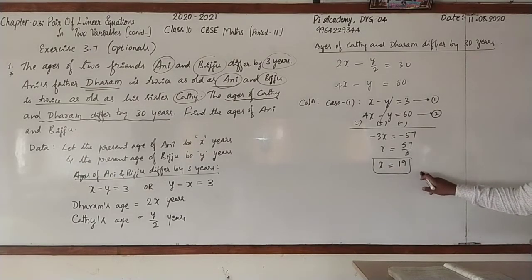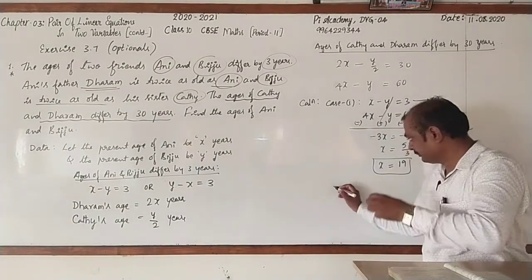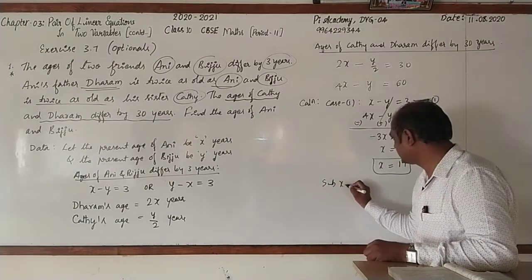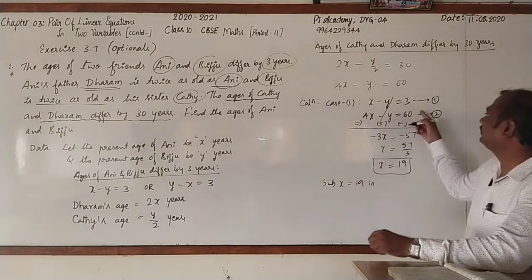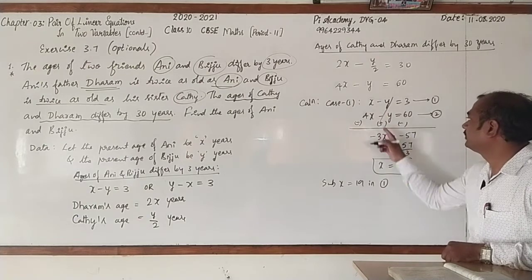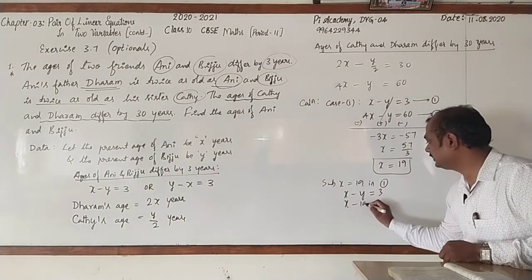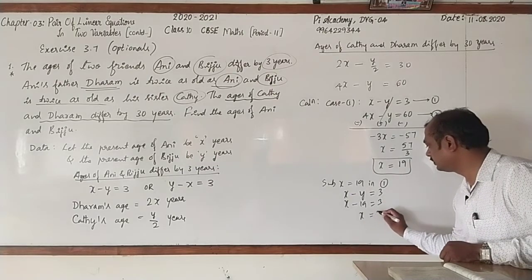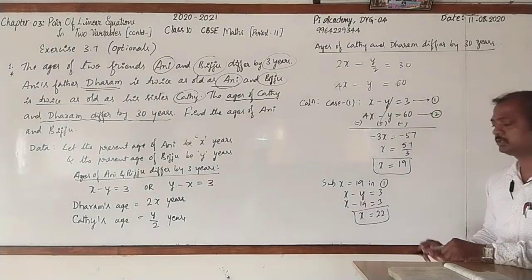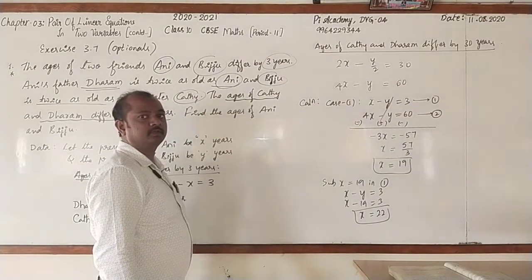Hope that you have understood. We want the y value. Substitute x equal to 19 in any one of these two equations. I will go for the first equation. First equation is x minus y equal to 3. Clear? Now observe that.